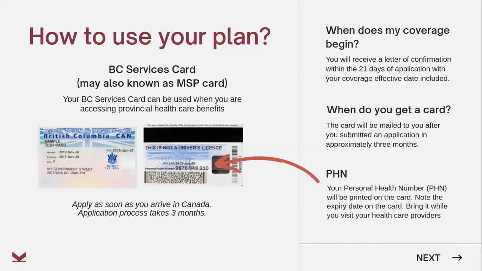And like I said earlier, when do you usually get the card? You should get it approximately within the 3 months. Please note though, the date, coverage date on your card, it has a different date in terms of your issue date. So the issue date does not mean that your coverage starts on that same date. So please make sure you note the difference.